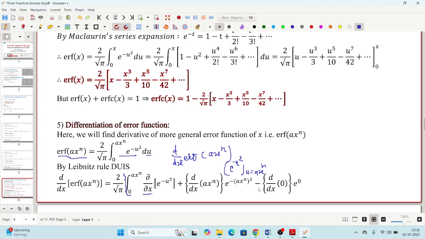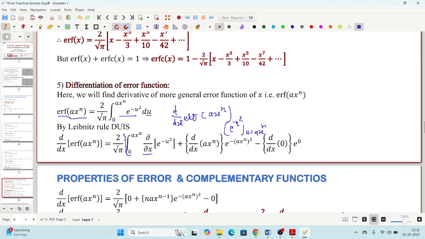And the third term is minus d by dx of the lower limit. What is the lower limit? The lower limit is 0, into that function value, again e to the power minus u square, where u is replaced by 0. So it will be there in the third term.